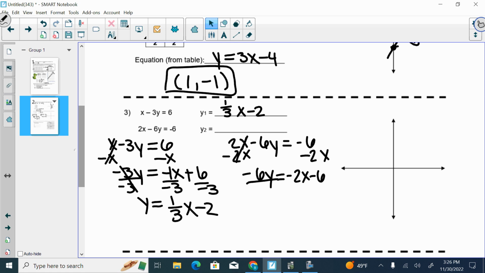Good, divide everything by that -6. Alright. So I've got -2 divided by -6. What is that going to simplify to? 1/3, right? 2 negatives make it that positive 1/3x. And what's -6 divided by -6? 2 negatives make it a positive 1. Good. So I've got 1/3 x plus 1.